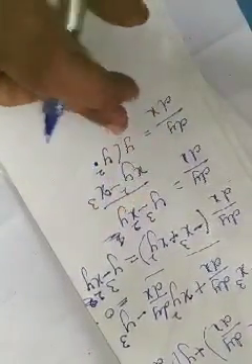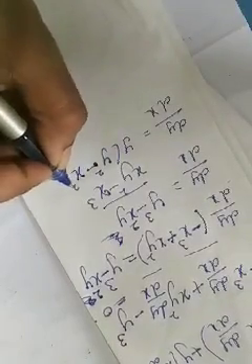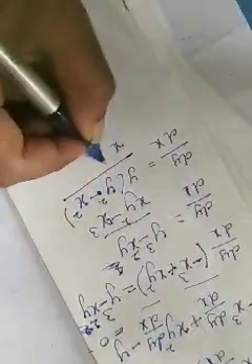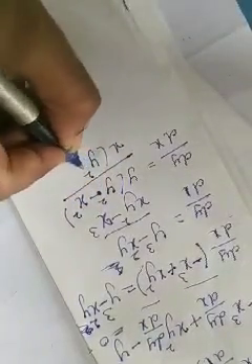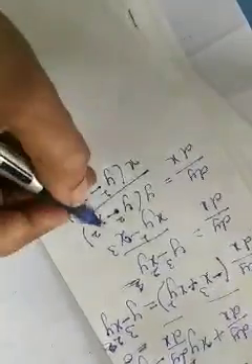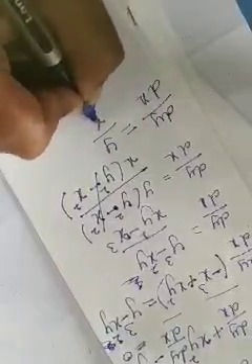If you take the y as common, the left term will be y square minus x square, divided by, take out x common, the left term will be y square minus x square, which gets cancelled. So dy by dx is equal to y by x.